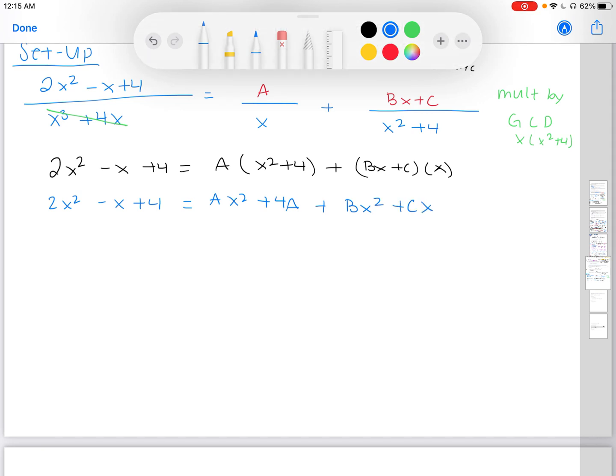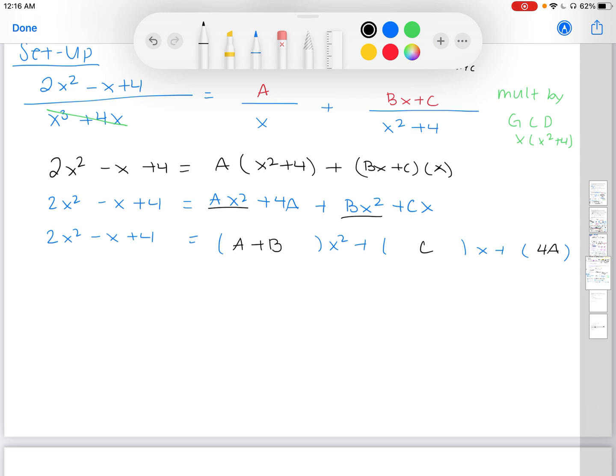Let's group our x squareds, those that have an x squared, those that have an x to the first degree, and those that don't have an x. So that we have an a plus b. For x's, we just have that c. And for our constants, we have that 4a.